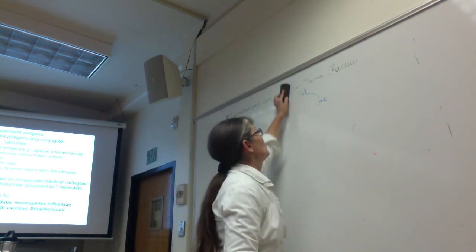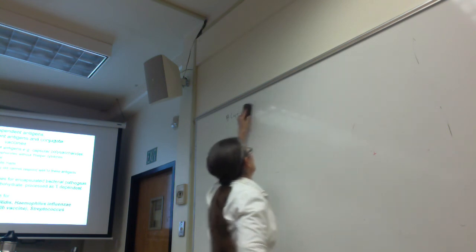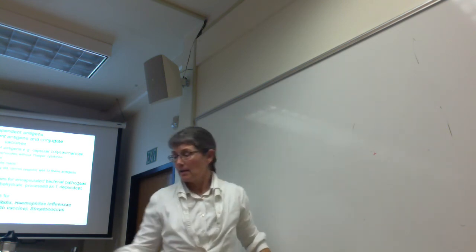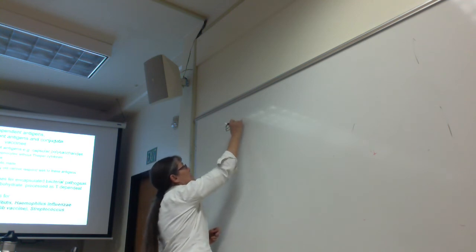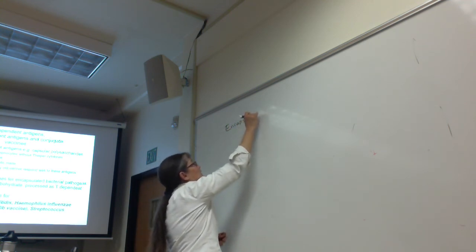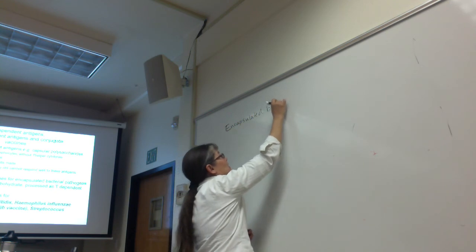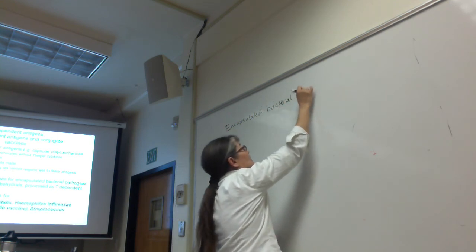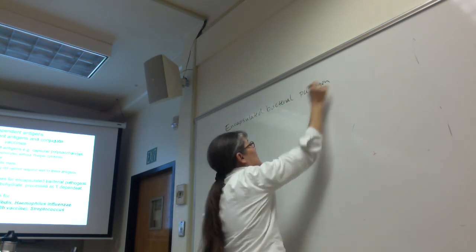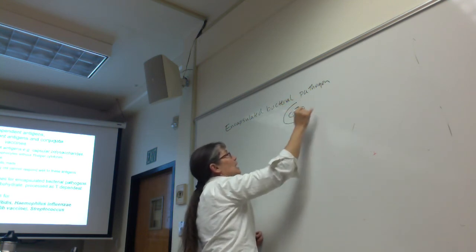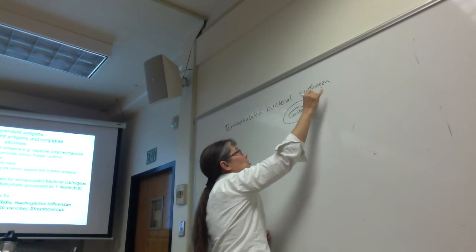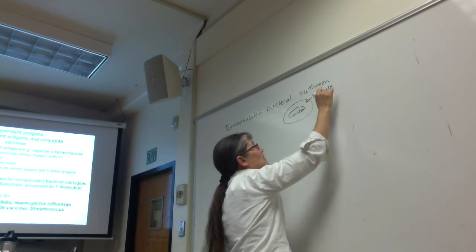But, folks, there are problems. What about an encapsulated bacterial pathogen? Okay, so here's the bacterium, and it's got that thick capsule, right? And the capsules usually are made out of polysaccharides.